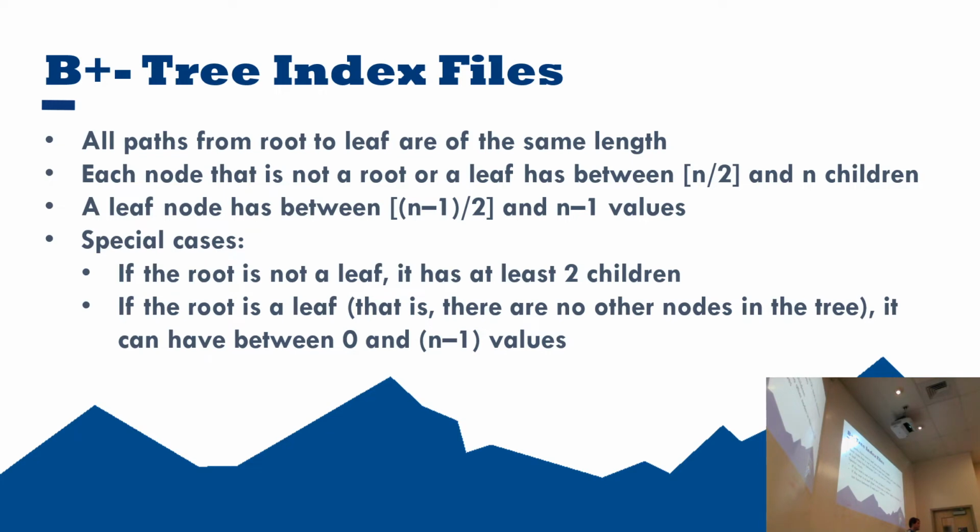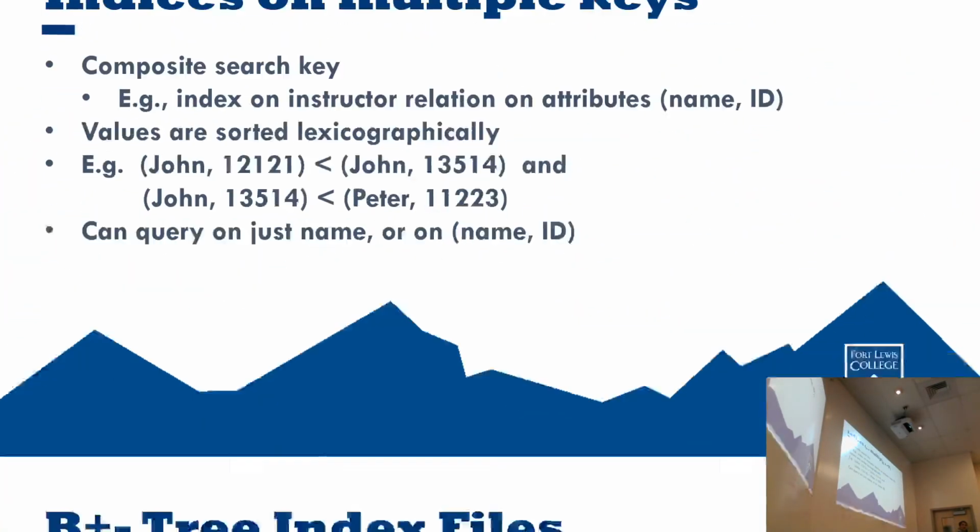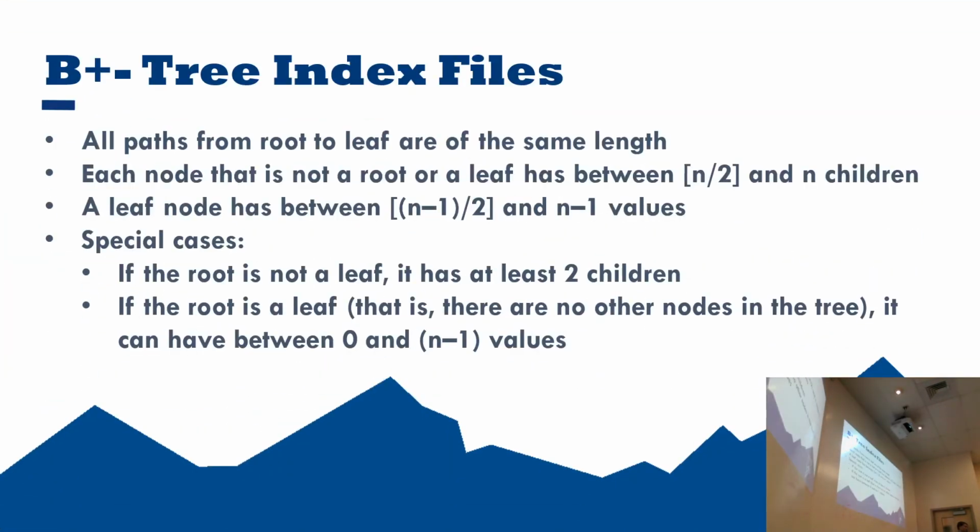So again, that goes back to the idea that these are all the same length. If everything in here is the same length, what this is really saying is that we're between (n minus 1) divided by 2 and n minus 1 values. If you think about it, that makes a lot of sense. Because throw me an integer.